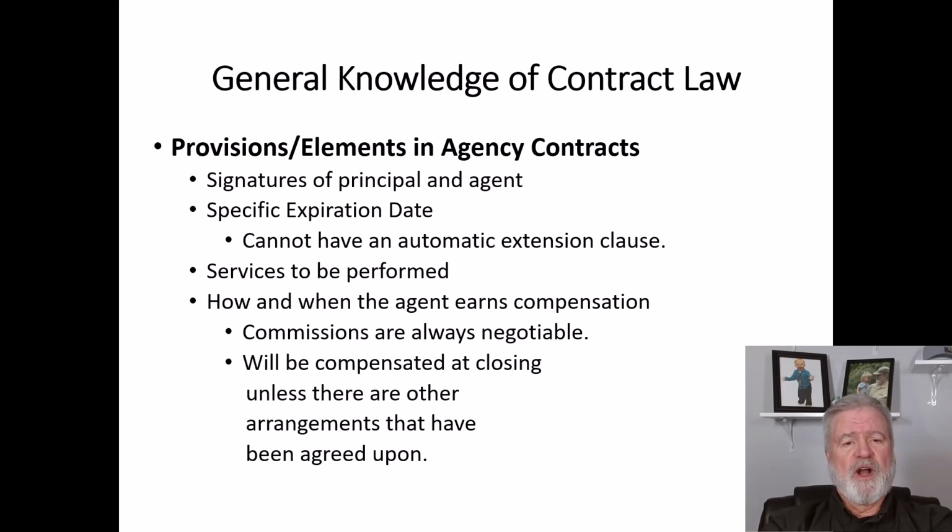Then obviously whatever services you agree to perform, y'all, you can't just tell the seller, I'm going to do this and this, all these wonderful things I'm going to do to sell your house, and not put it in writing.